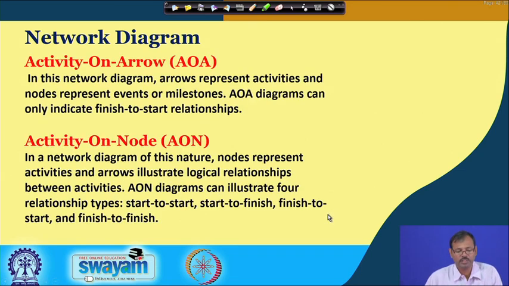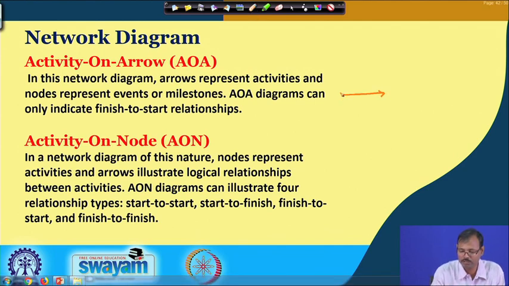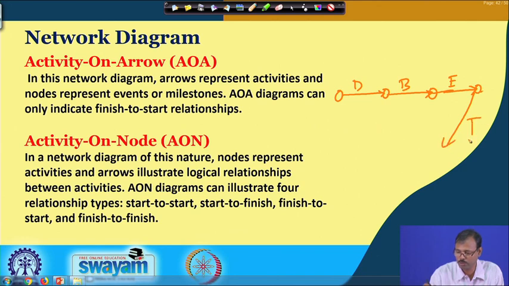Say in an activity on arrow diagram, we have activities combined together. Suppose we have drilling, then blasting, then excavation, then transportation.